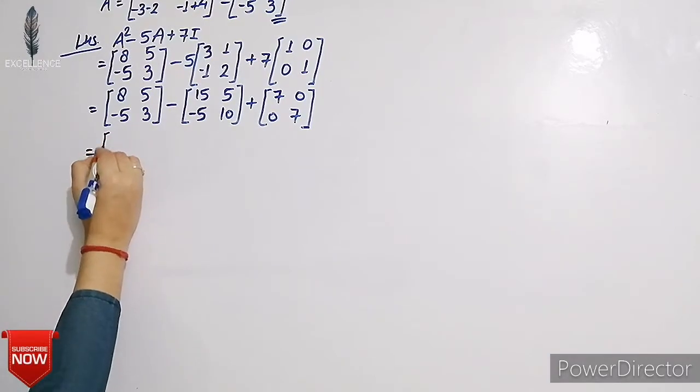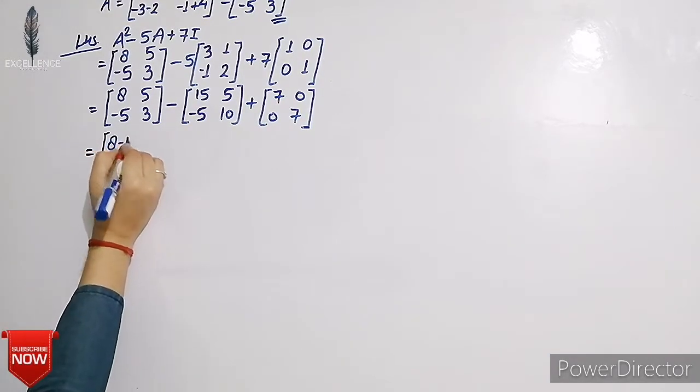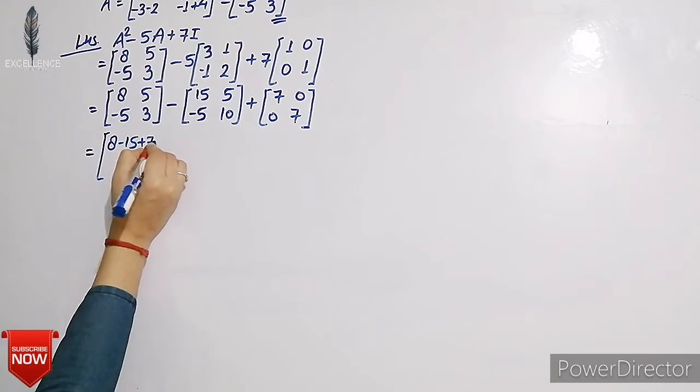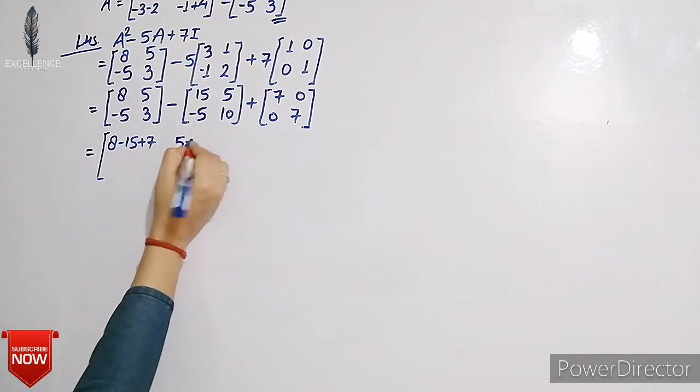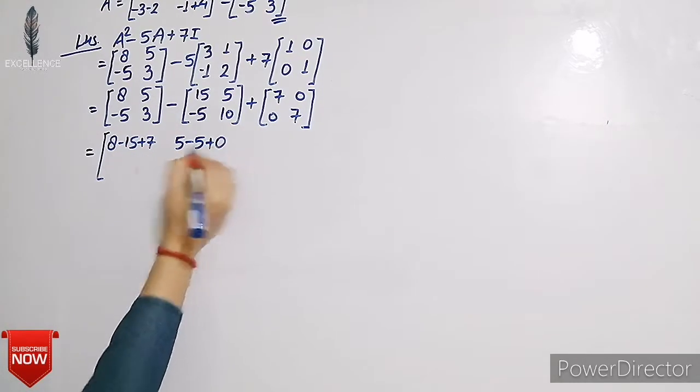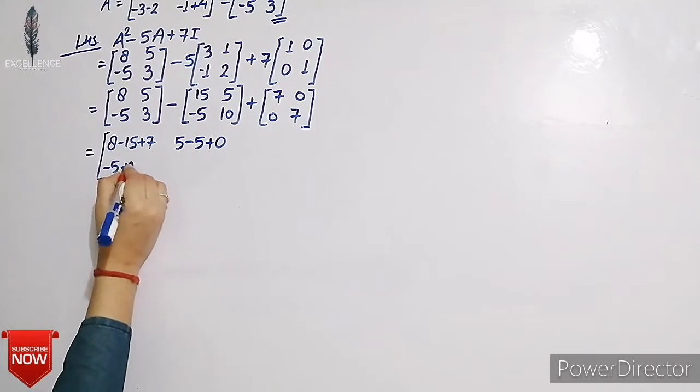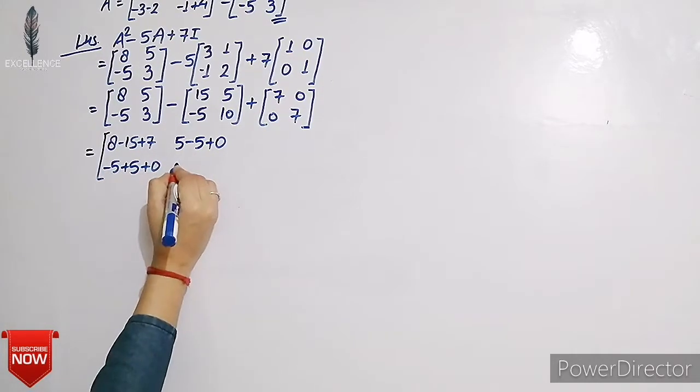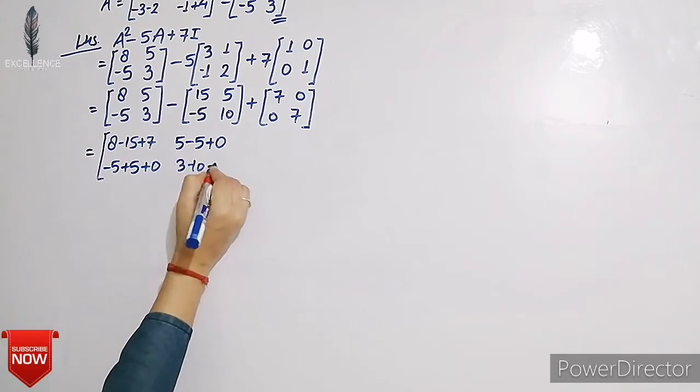On solving we get first element is 8 minus 15 plus 7. Second is minus 5 plus 5 plus 0. Here 5 minus 5 plus 0. And here 3 minus 10 plus 7.